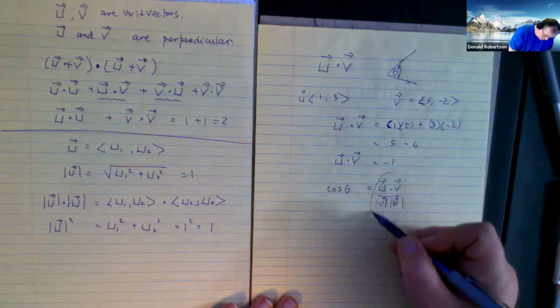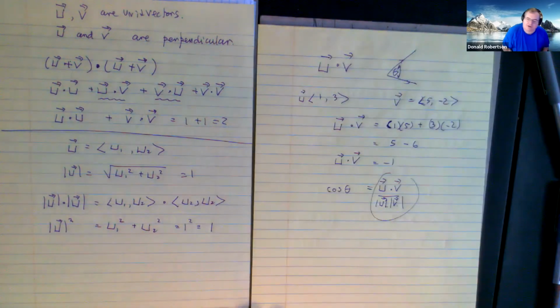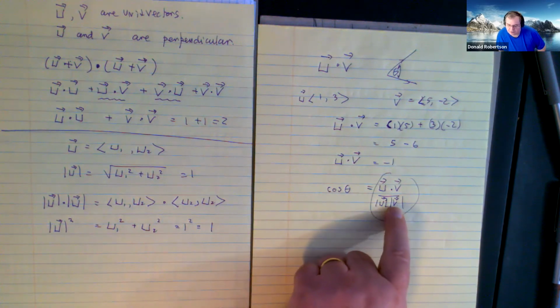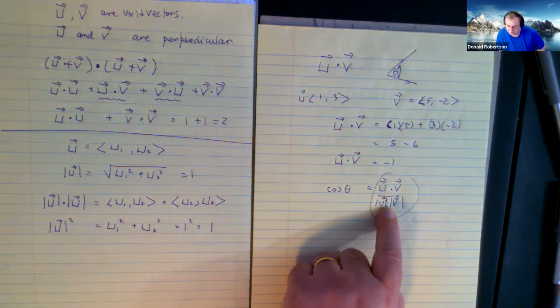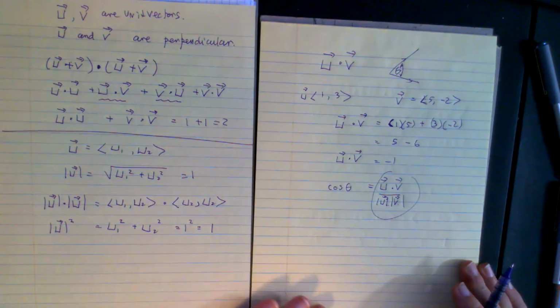So that, with the magnitudes of those vectors, gives you a way to find the angle theta. So the dot product is a calculation that allows us to find the angle between two vectors when you tie it together with these two fellas down here. So it's kind of like a step that helps us learn other more important things.